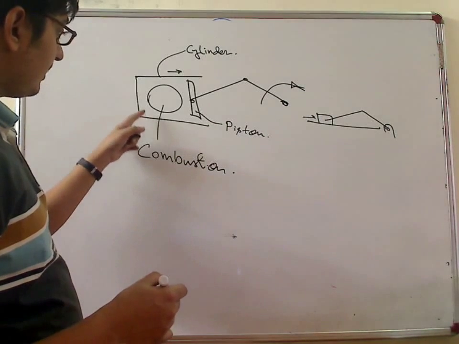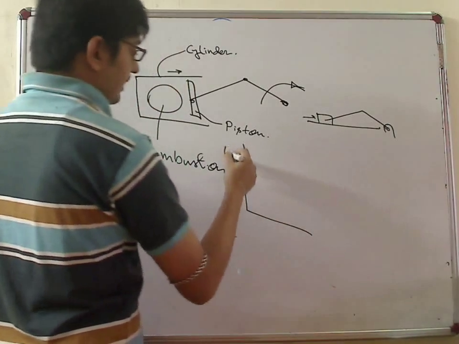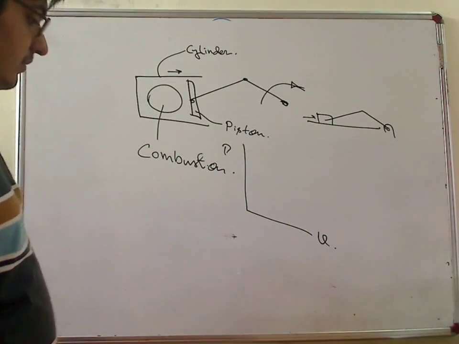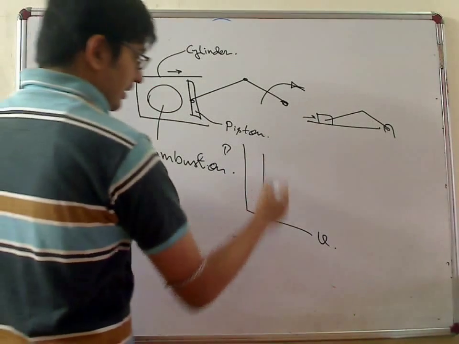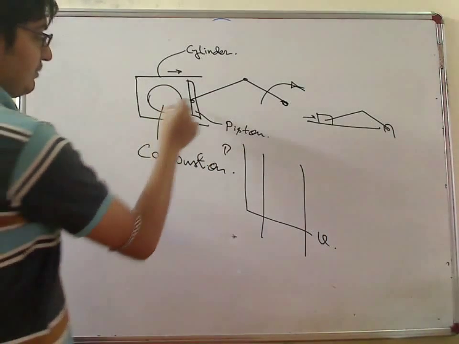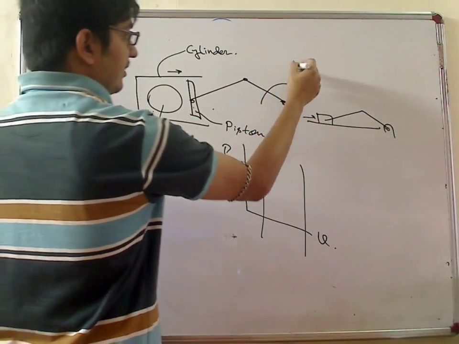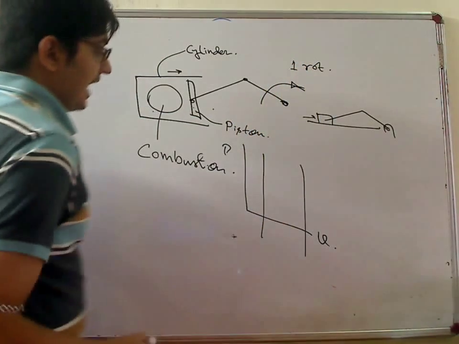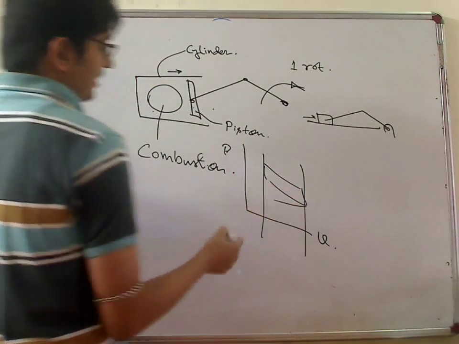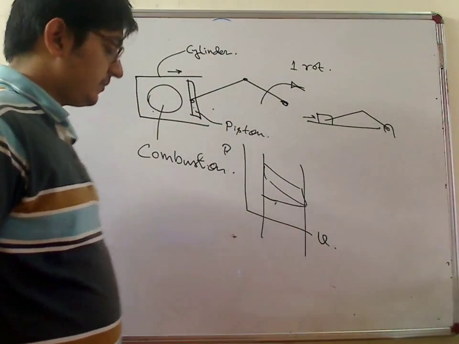Now in this case, if you draw the PV diagram, now in a complete cycle, piston comes here, goes there, and one rotation. Another is the thermodynamic cycle, which is, say, of arbitrary shape. I will discuss this thing later in great detail.